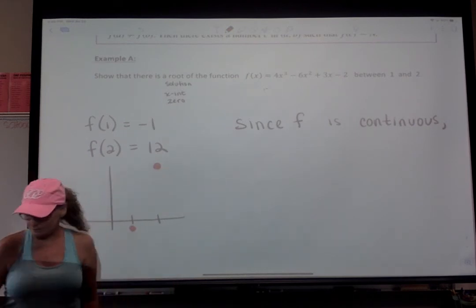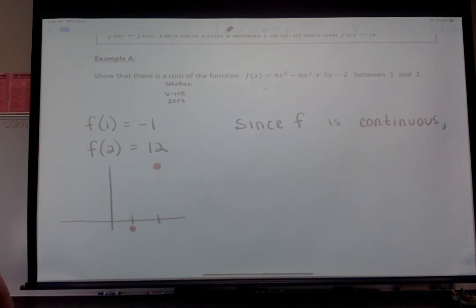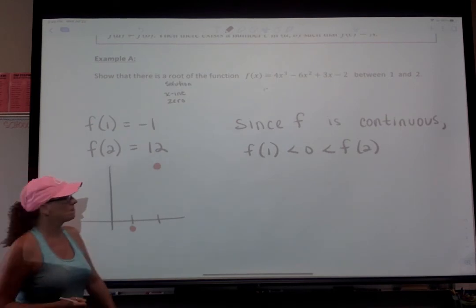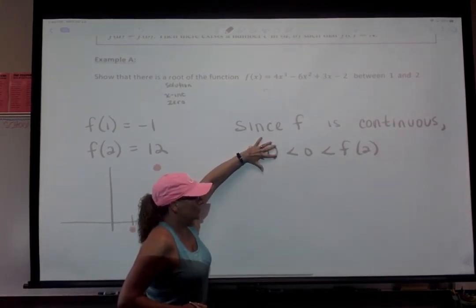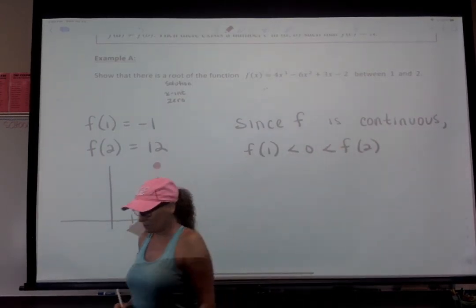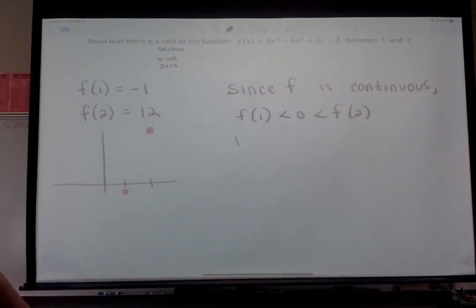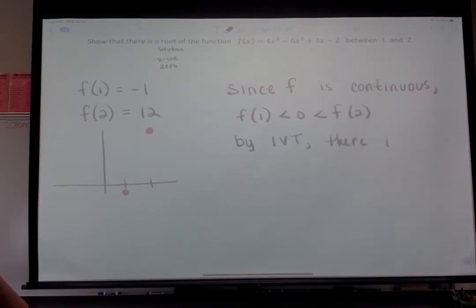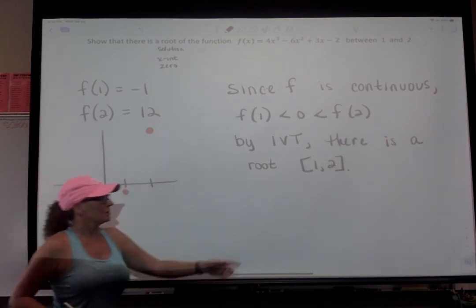Since f is continuous, and since this y value was less than 0 and this y value was greater than 0, by the intermediate value theorem, there is a root somewhere in this interval.